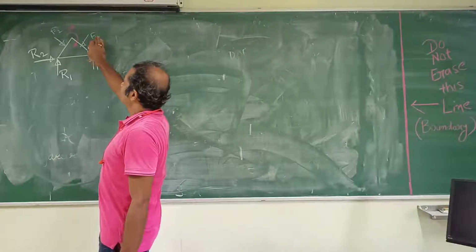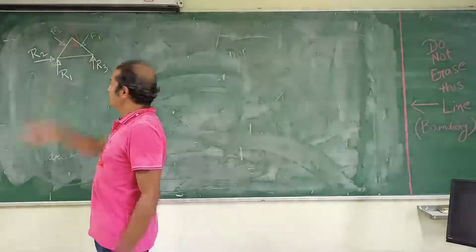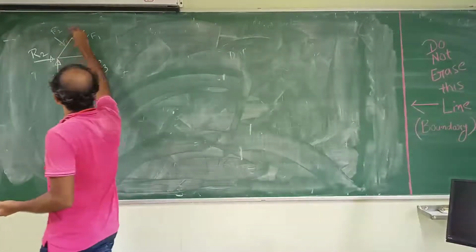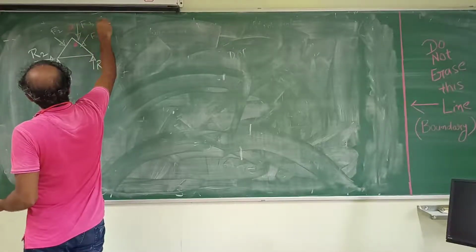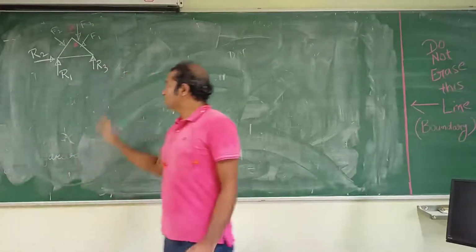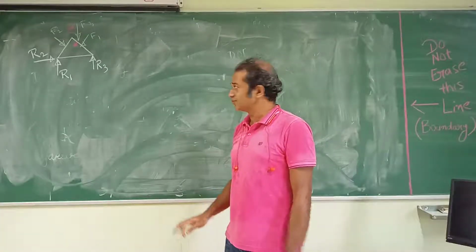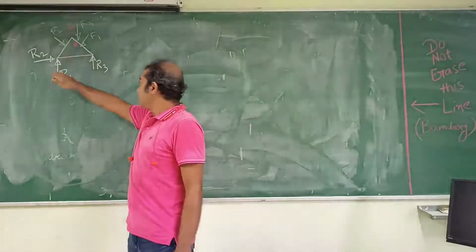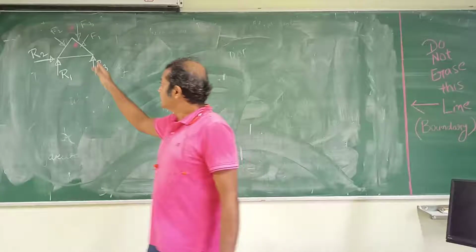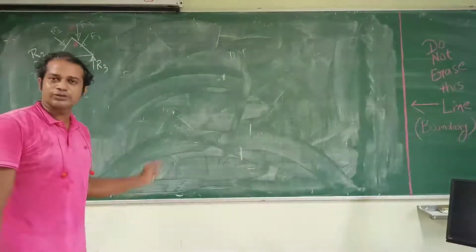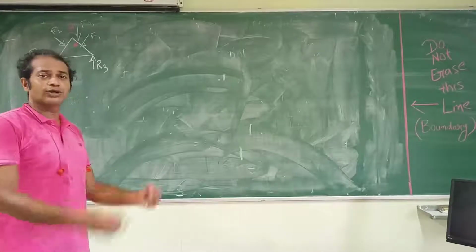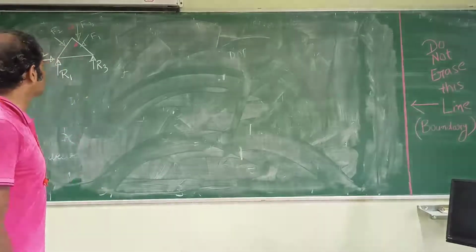So F1, F2, F3, F4, like that, there are n number of forces which are going to act. These three constant reactions are good enough to resist it. If the constraint forces are not there, then these forces and the moment are going to decide what is going to happen to the body, I mean, what is going to be the dynamic motion.